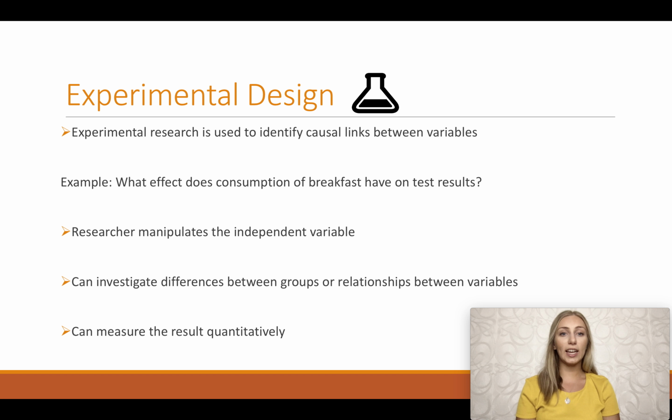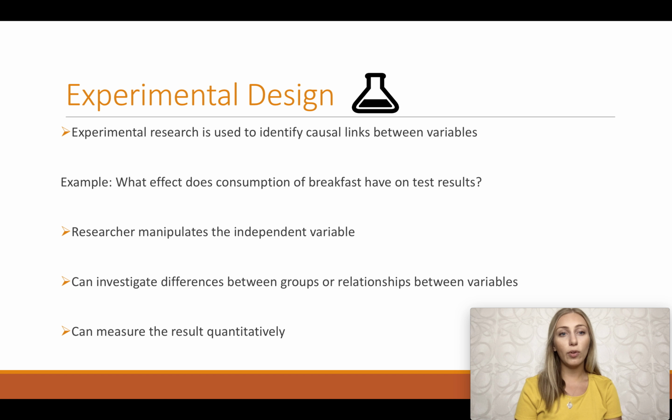So you are identifying links between 2 variables, the independent variable and the dependent variable. If you don't know the differences between these 2 variables, I'll be explaining them within class and also on the next slide. So if you do not know, don't be scared. I'll explain them a bit further.